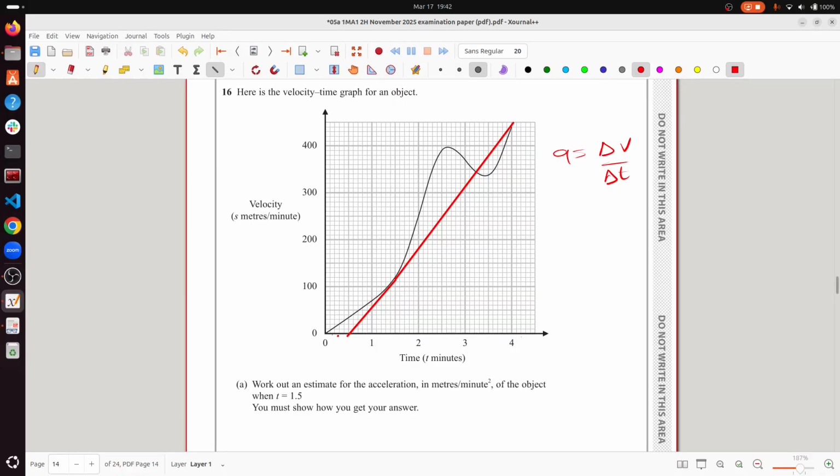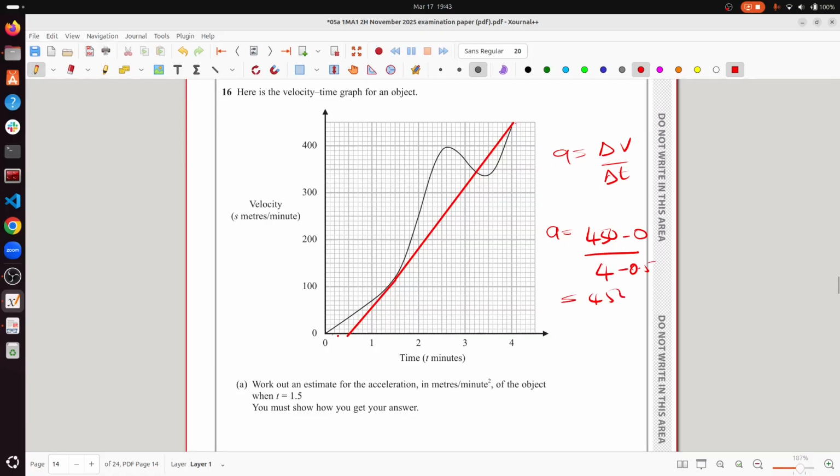So we've drawn a tangent at 1.5. Let's try and read this off. Acceleration is going to be, I'm going to use that as 450 minus 0. And my x, I'll take that as 4 minus, that is, I've taken 0.5.